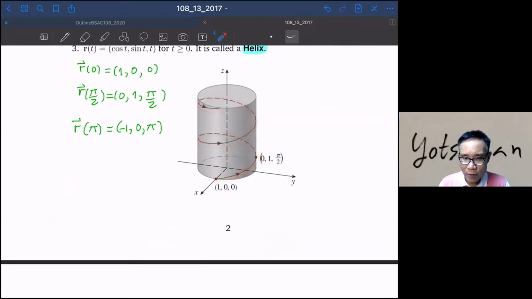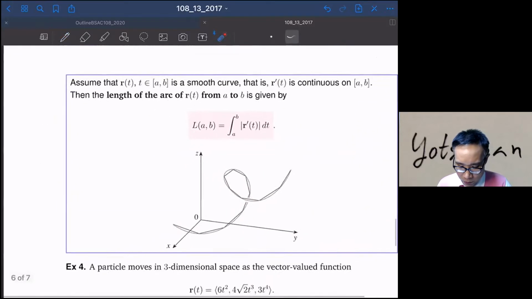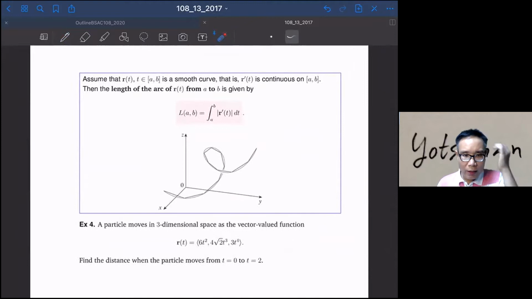It's the thing that we call the distance or the arc length. It's the length of the arc of r(t) from a to b.